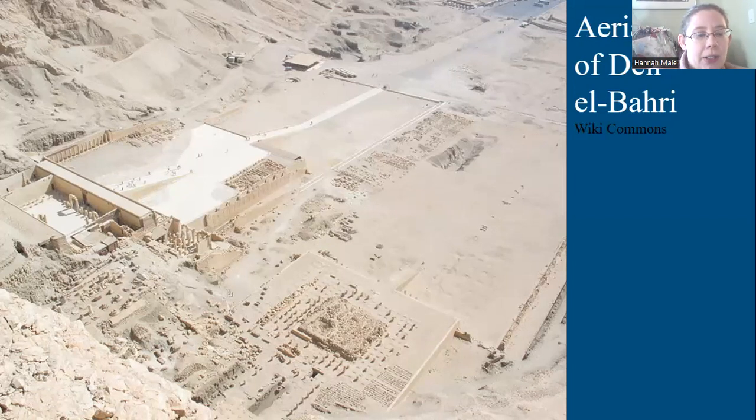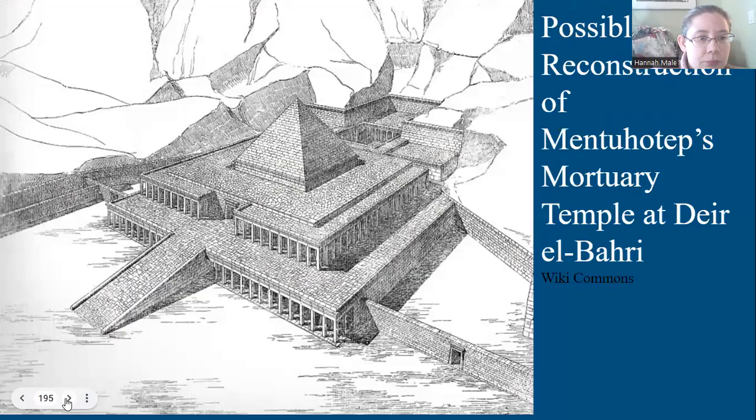And then somewhere in this region, you also have the foundations of a monastery that was on the site from late antiquity, and that's actually where we get the name Deir el-Bahari. That was not the ancient Egyptian name, but it comes from the monastery that was once on the site, and we just now have the foundations of.